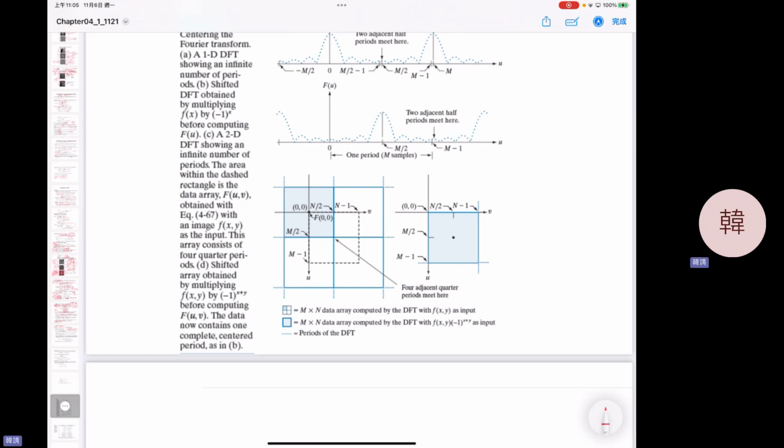Actually, it's a lot about the periodic idea there. If you didn't pad, the image is periodic and the low pass filter will do something there. So you can see there will be no smoothing effect on this location. That's the reason we see no smoothing effect there, right? There's no edge.